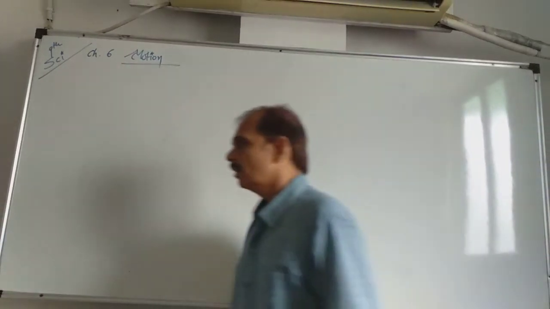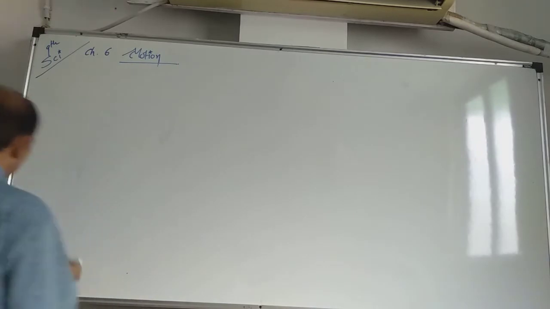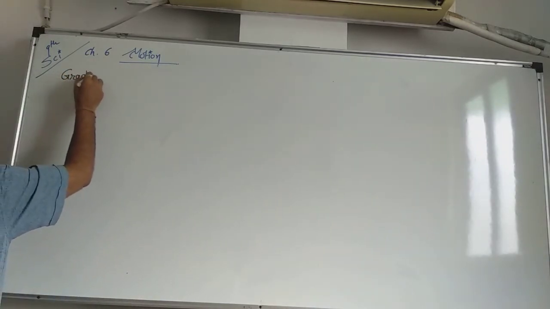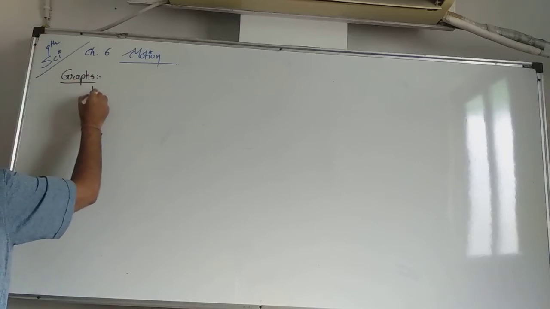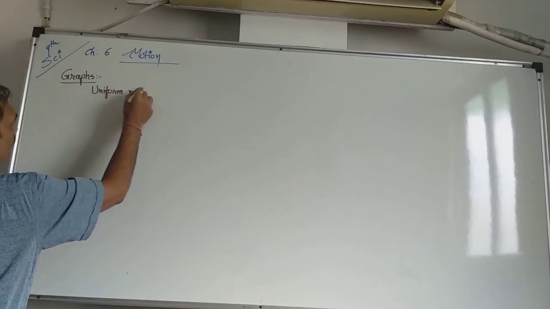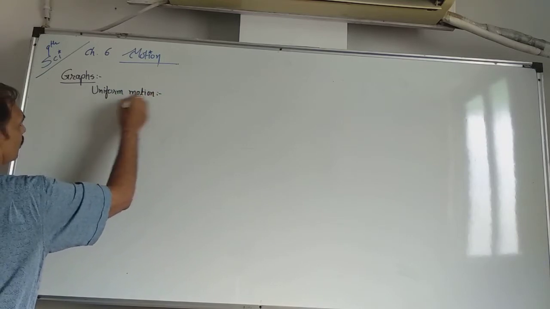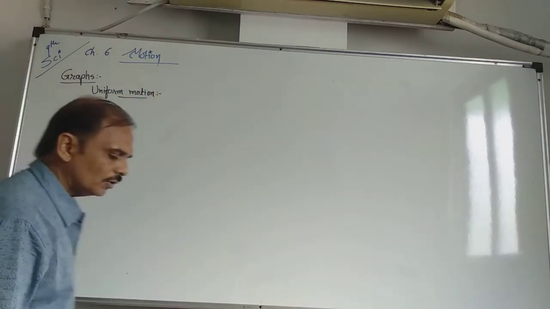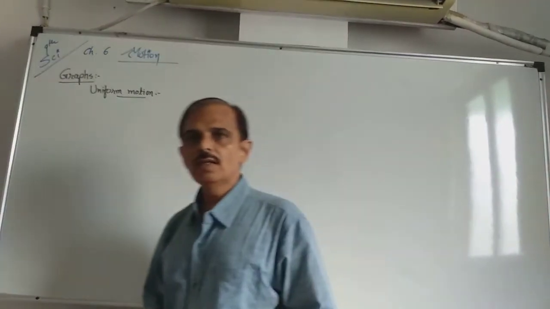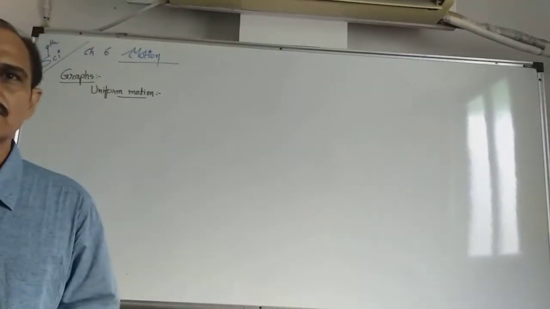See, graphs of uniform motion. You know that uniform motion means what? In equal time intervals, the distance covered by the object is equal.